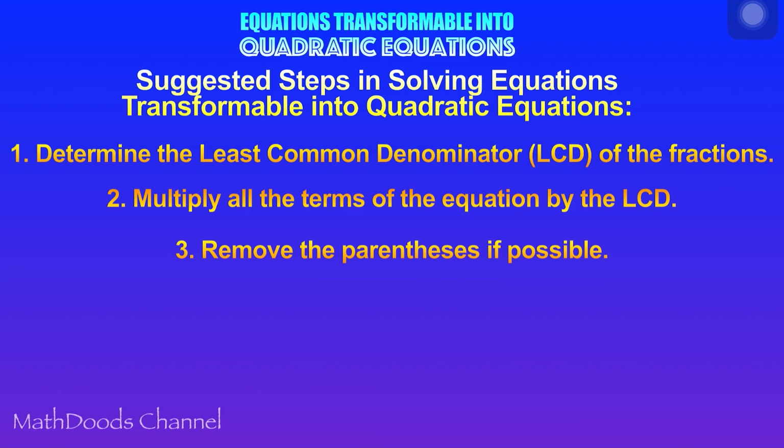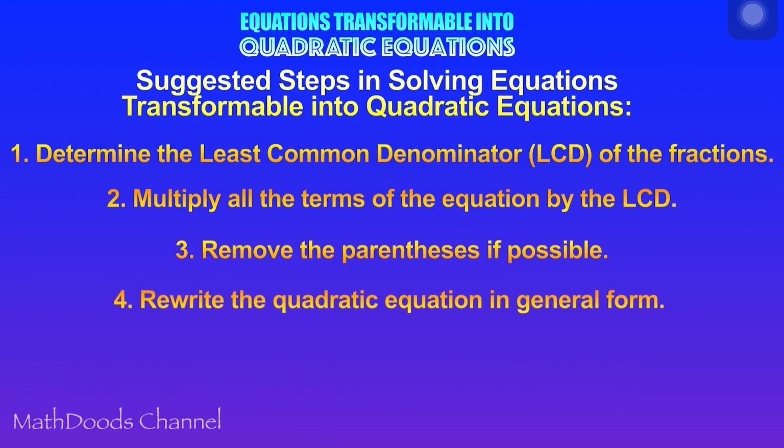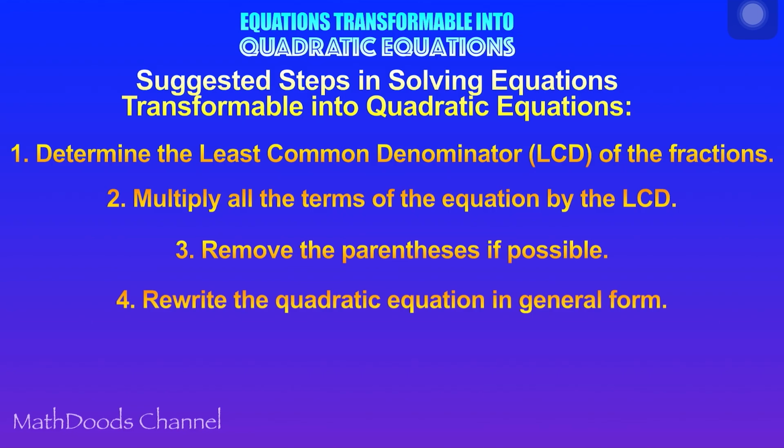Ayan. Usually, nagdi-distribute na, ina-apply natin yung distributive property para mawala yung parentheses. And number 4, rewrite the quadratic equation in general form. Yung general form ay ganitong form: ax squared plus bx plus c equals 0.